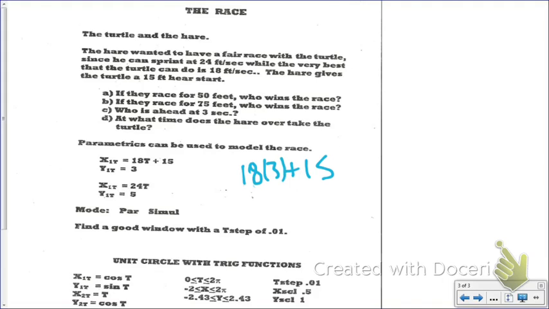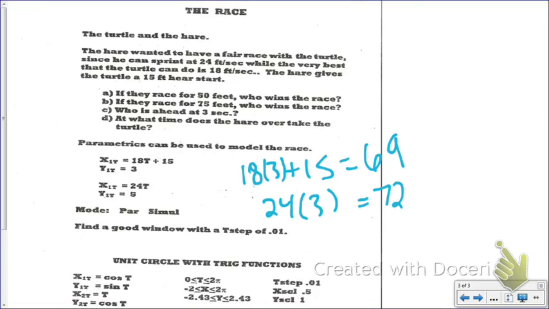So 18 times 3 plus 15 gives me that value. It's going to be at 69 feet. Whereas at 3 seconds, the hare is going to be at 24 times 3, which is 72 feet. So we can see at that point the hare's winning as well.